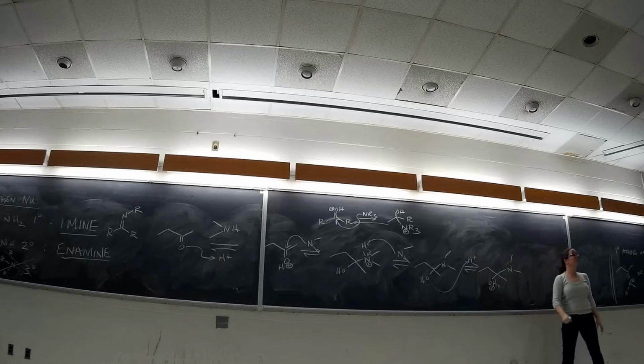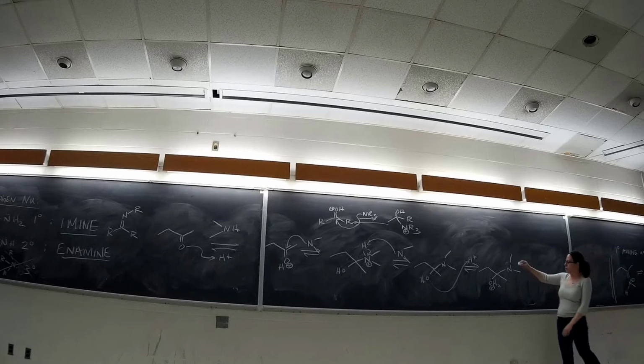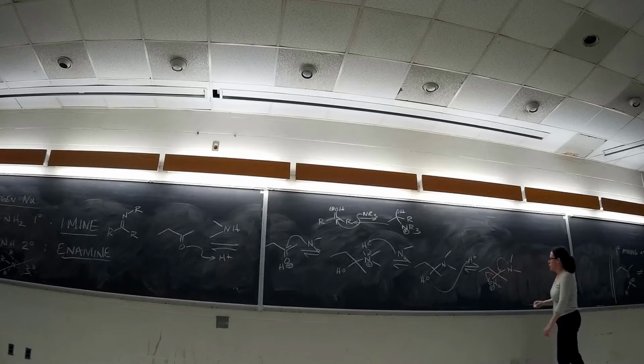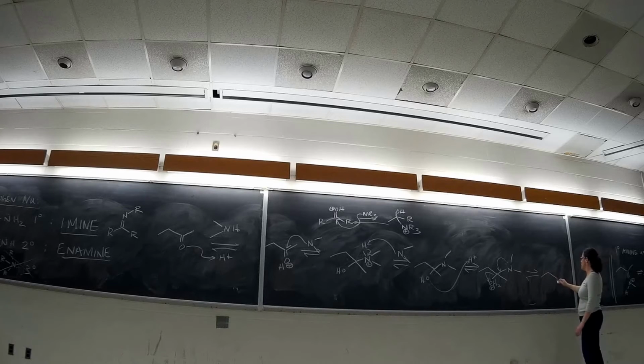And that nitrogen still has electron pairs to do the same thing, right? To help aid the leaving group to leave, which it certainly can do. It can kick down and push out the leaving group. And this is what I get when all is said and done here, is I have this.